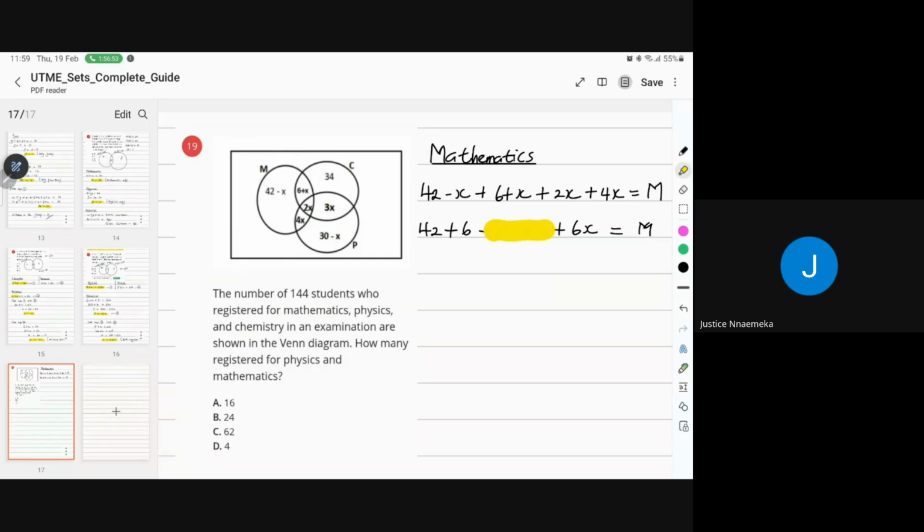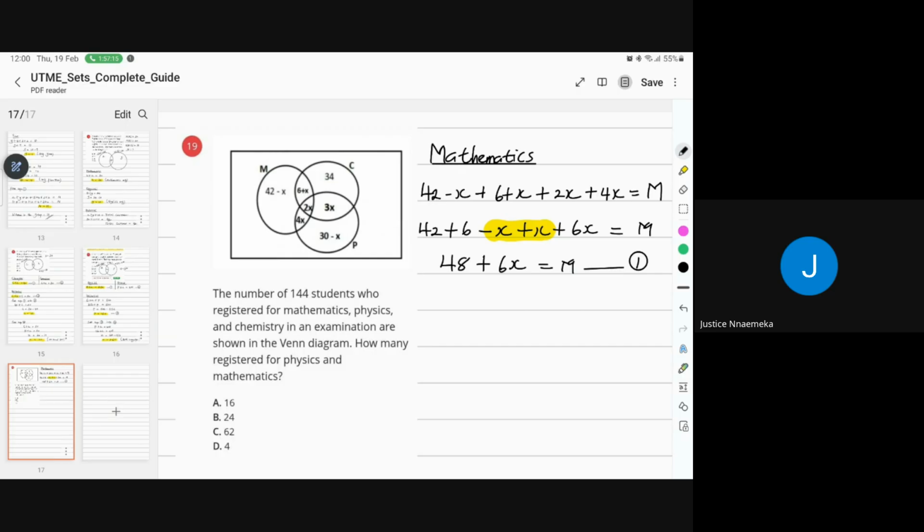This part should give us 0. So we're going to have 48 plus 6x equal m. Let's call this our equation number 1. Is it clear? Yes.